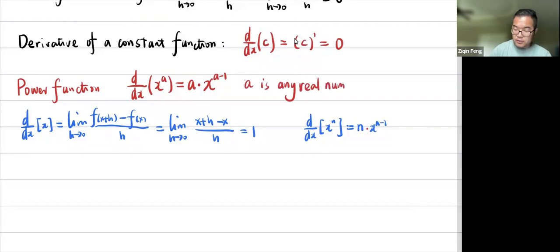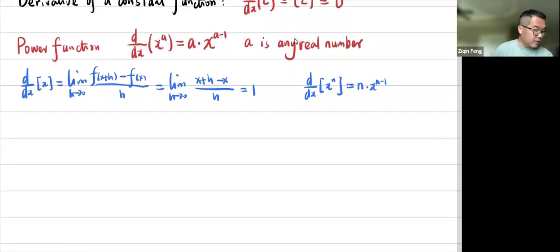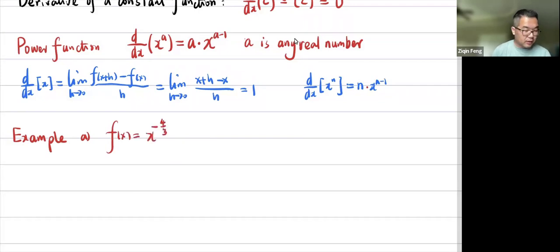This is always true. So let's see a couple of easy examples. The first one: our function f of x is x to the negative 4 over 3.